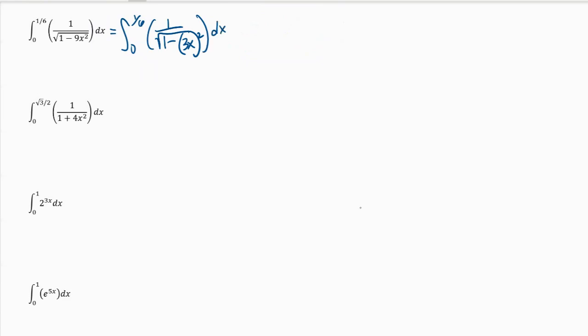If I let u equal 3x, du is equal to 3 dx. Divide by 3. I get dx is equal to 1/3 du. So what I can do is pull out a 1/3 integral of 1 over root 1 minus u squared.